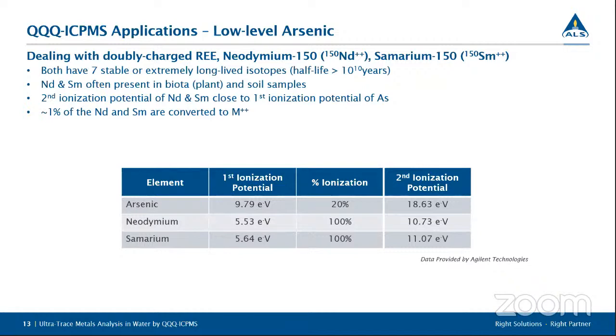So you can see in the table below, arsenic, the first ionization potential 9.79, is only about 20% ionized. Neodymium and samarium are well below that at 5, so those are 100% ionized. And we would expect about 1% of that to be double charged neodymium and samarium.